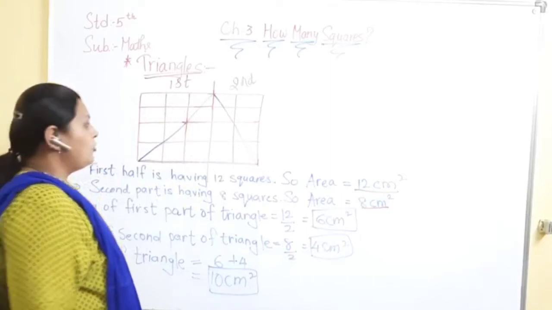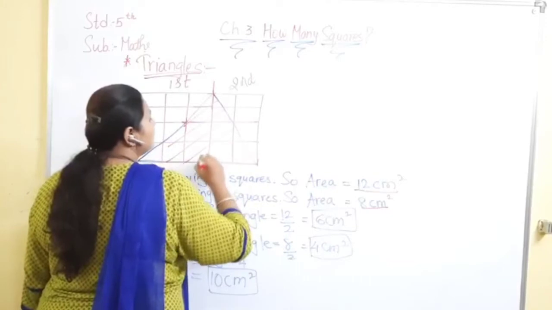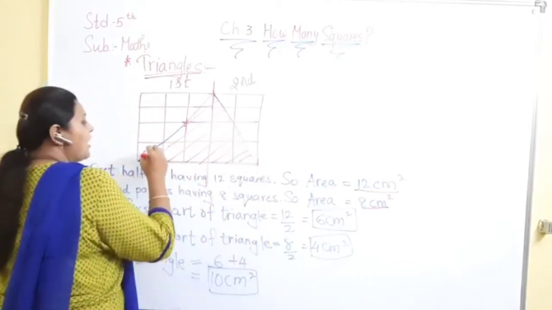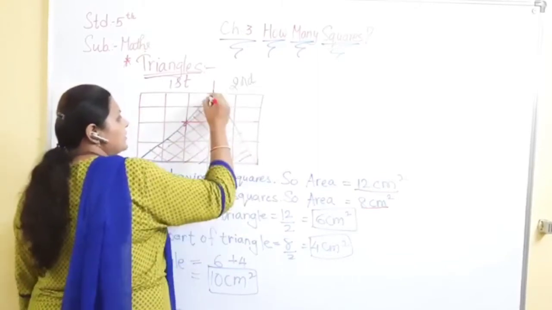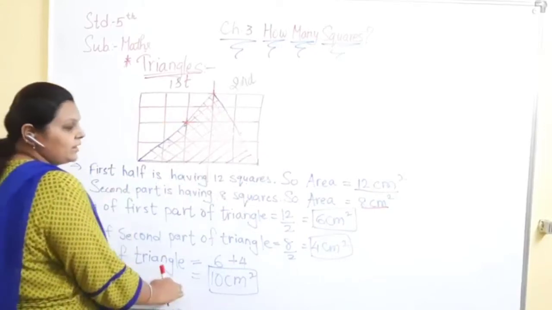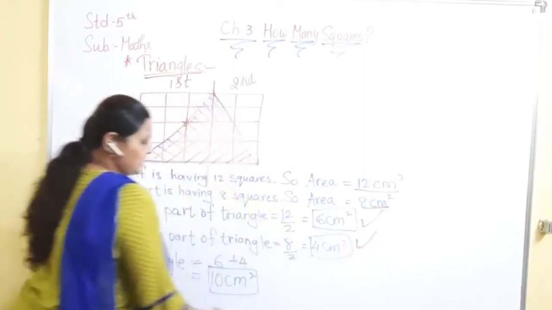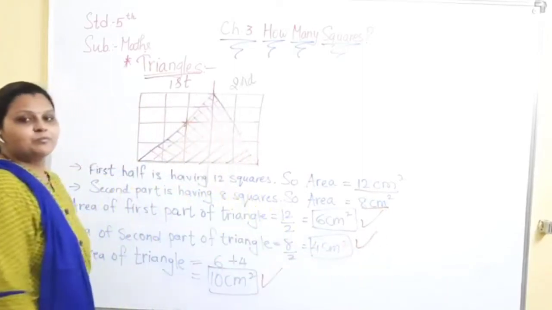Now we will find the area of the whole triangle. We want to find the area of this colored part. So area of triangle is 6 centimeter square plus 4 centimeter square is 10 square centimeter.